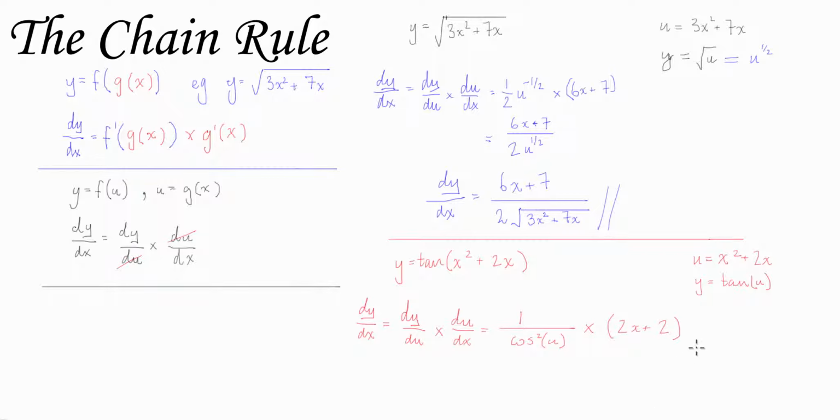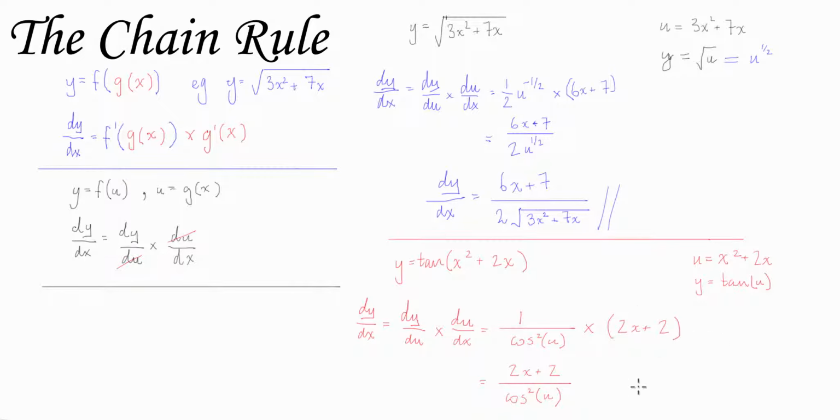Great. So we can then simplify or combine our functions, make it look nicer, and have (2x plus 2) over cos squared of u.